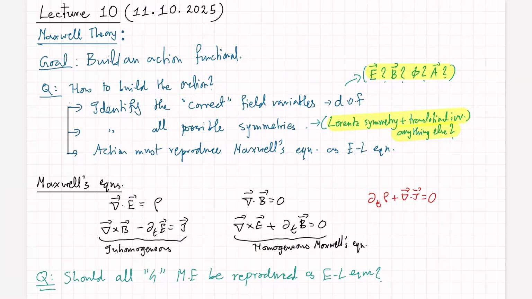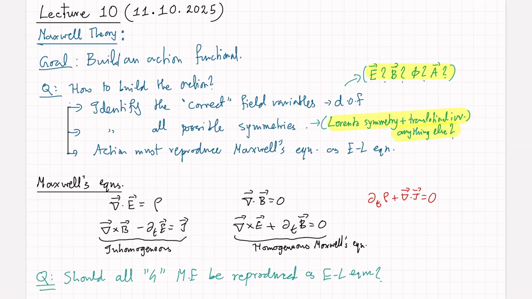So, okay, let me discuss this. The basic point is that the crucial difference is that the sources for the electromagnetic field, which are the charges and the currents, only make an appearance in these two equations. Whereas these two equations are completely insensitive to the presence of charges and currents.